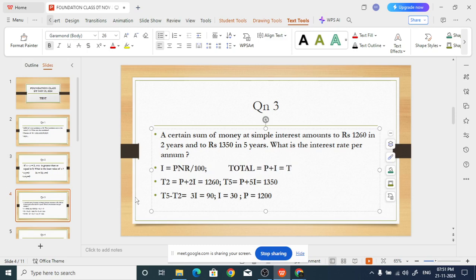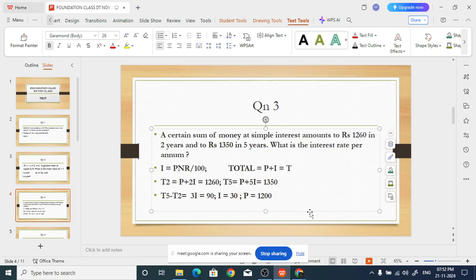T2, the total at the end of second year, is principal plus 2I equal to 1260. Total at the end of fifth year is P plus 5I equal to 1350. Then T5 minus T2 equal to 3I, that is equal to 90. From that you find I, and from substituting I here you can get P equal to 1200.